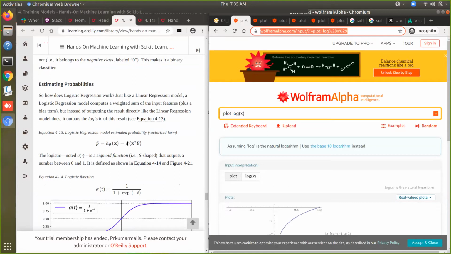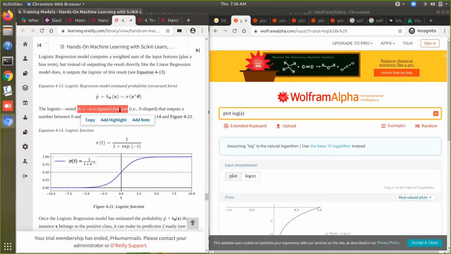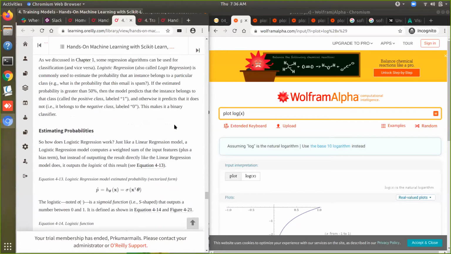This function is called the sigmoid function, and what it does is squeeze our range of values into the range 0 to 1. In this way we can adapt our model for classification problems.